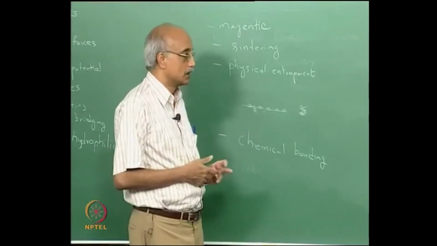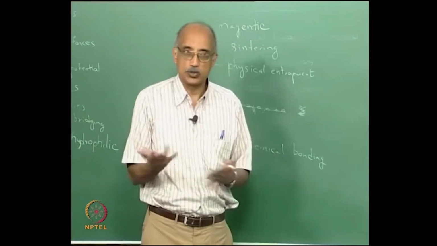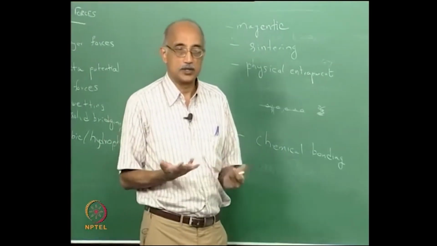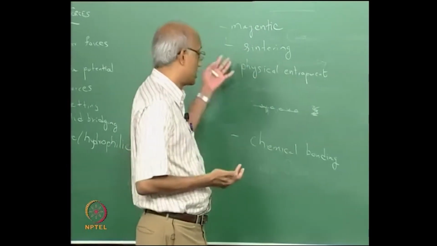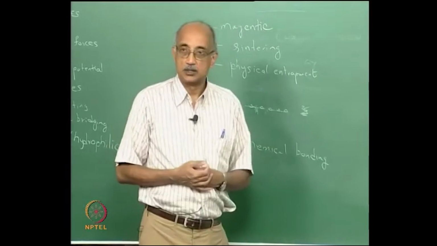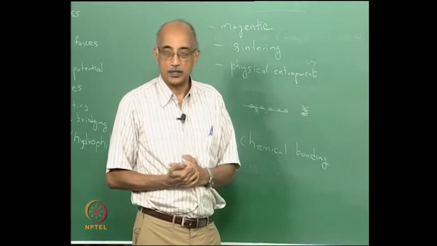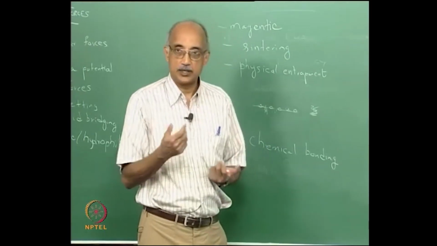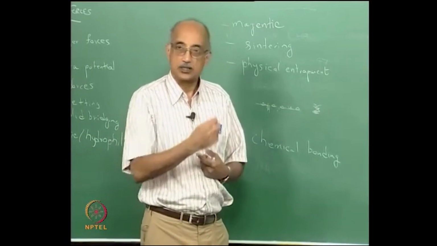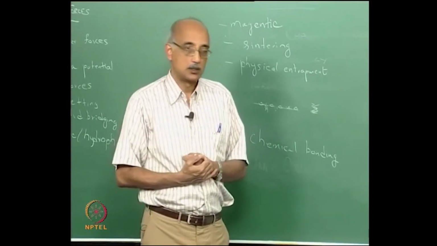Okay. All right. So you have so many possible forces that can apply when you have two surfaces in contact, and we haven't even covered, when you talk about field induced adhesion, there are so many varieties of forces that can be applied. For example, you can even use a thermal gradient. Just like a thermal gradient can induce a velocity, a thermal gradient can also induce adhesion of a particle to a surface.